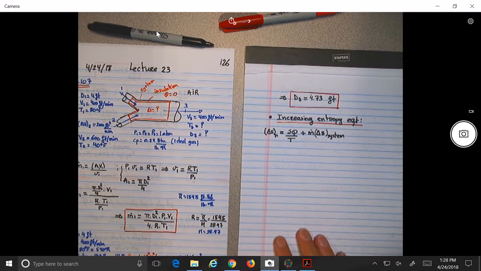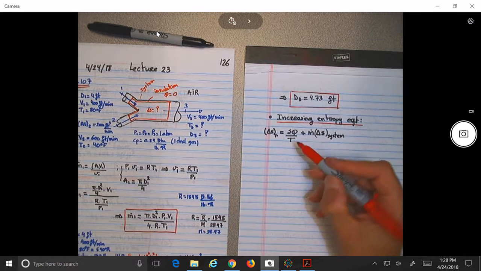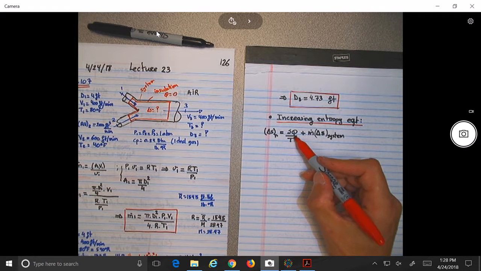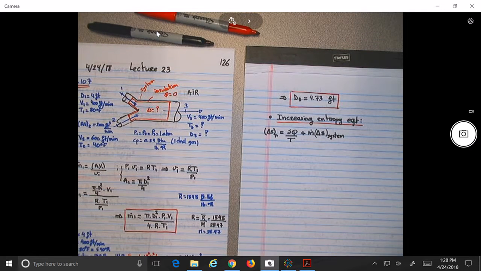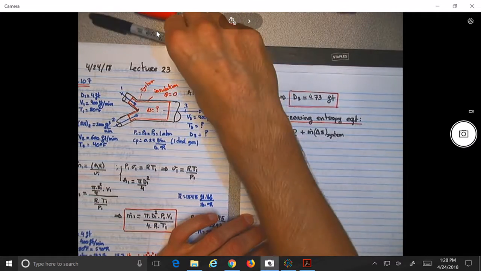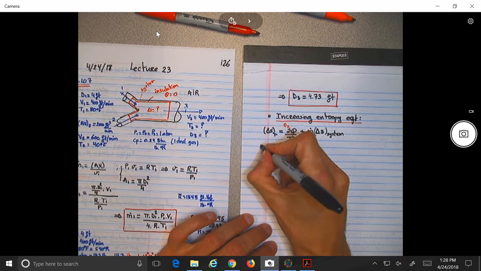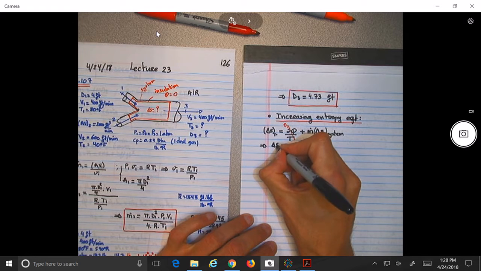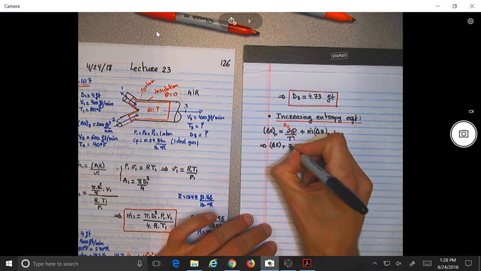Okay, so in our case, since we have the insulation, what will be the change of the entropy with the surrounding? 0. So then at the end, the total change of entropy will be equal to what?